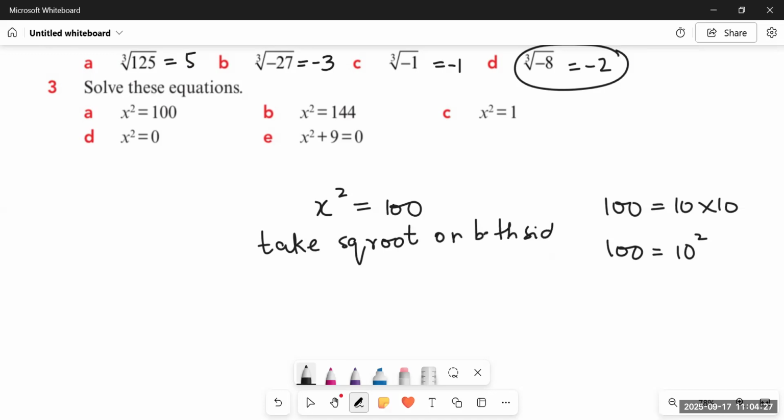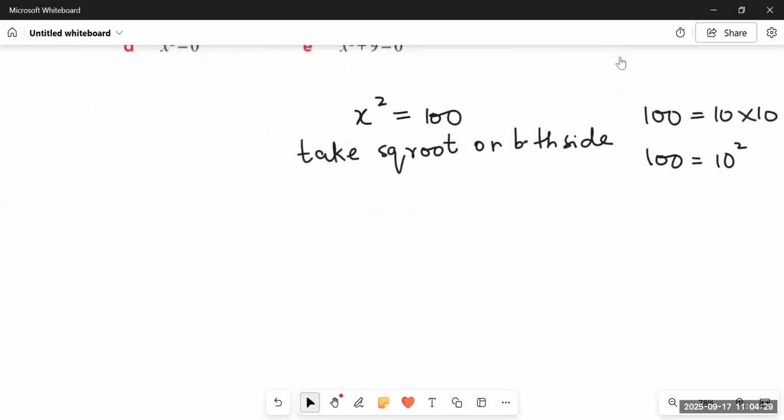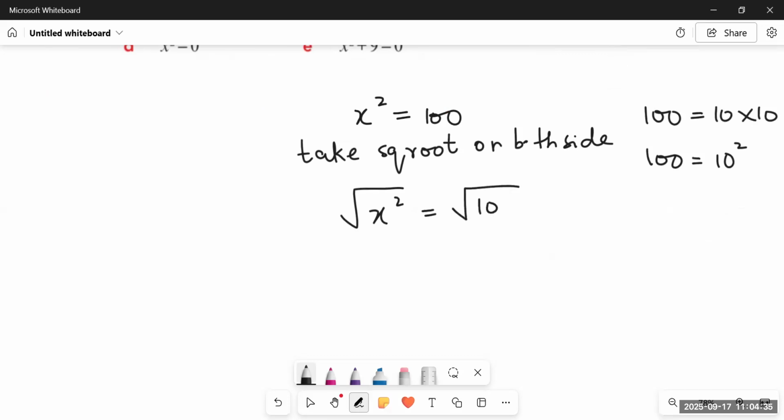By doing so, what are we going to get? It would be under root x square is equals to under root 100. This under root basically has a power 2 hidden over here. So under root would always cut this power 2 because under root means power half, and half multiplied by 2 is equals to 1.